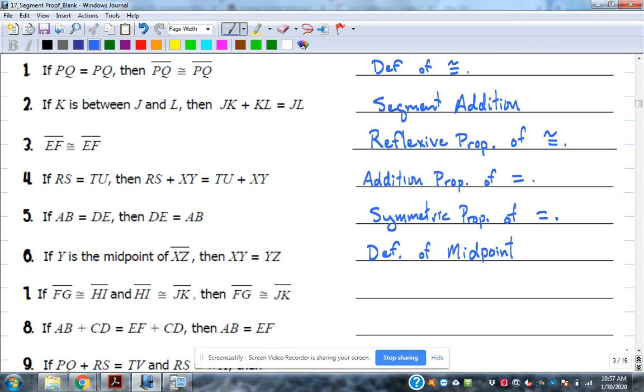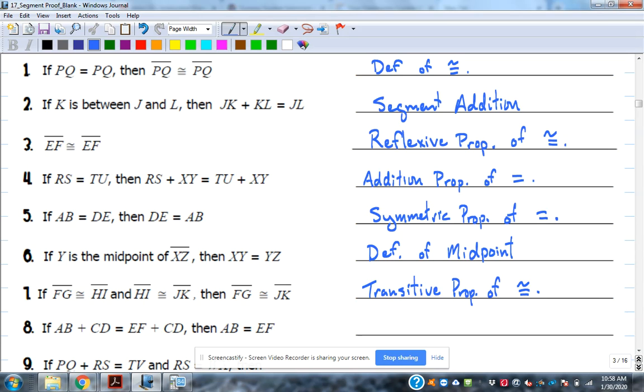All right, 7 there. Transitive property of congruence. Congruent symbol is just an equal sign with a little squiggle above it.